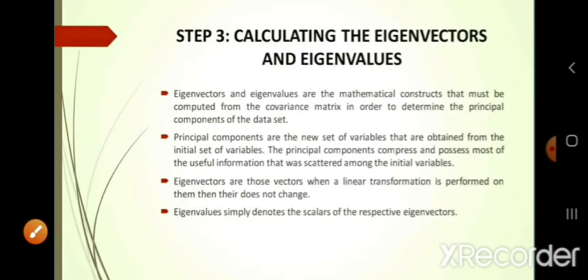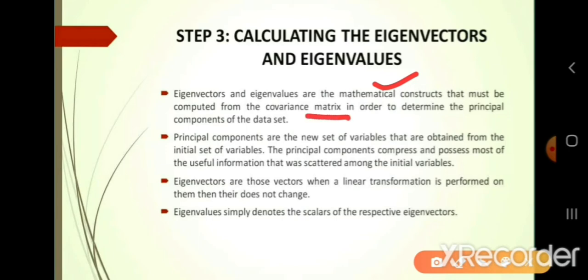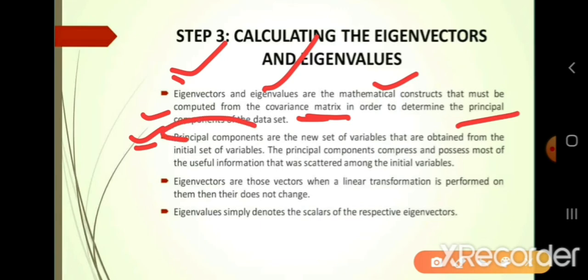Next, the third step is calculating the eigenvalues and eigenvectors. These are mathematical constructs that must be computed from the covariance matrix, in order to determine the principal components. The principal components will be the new set of variables obtained from the initial set of variables.